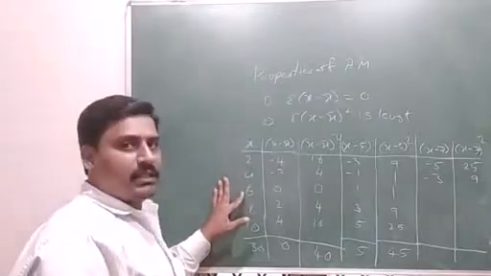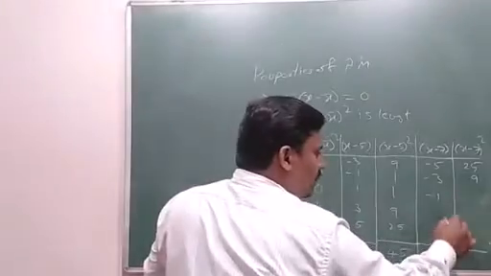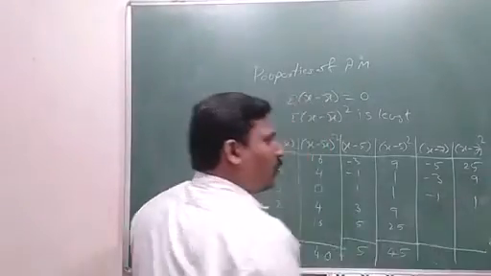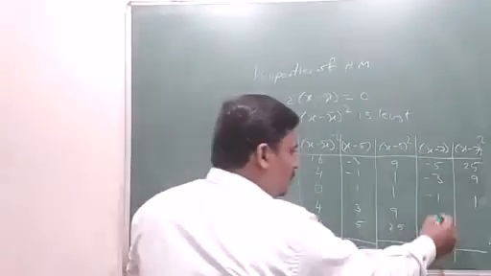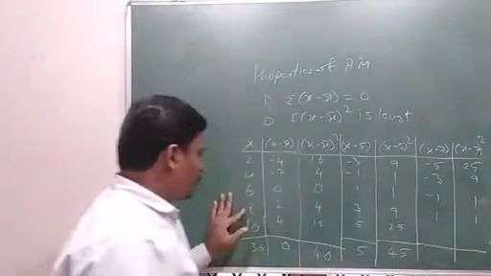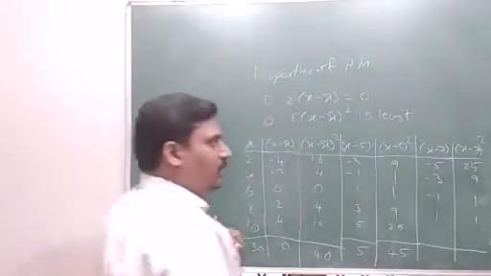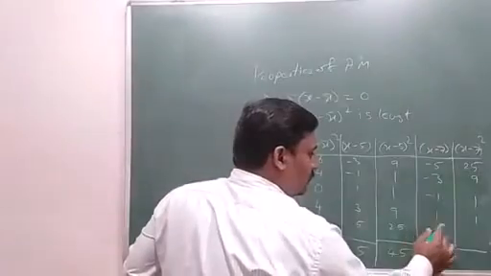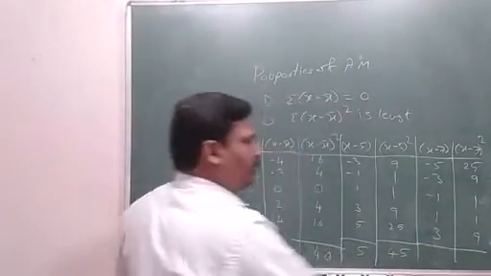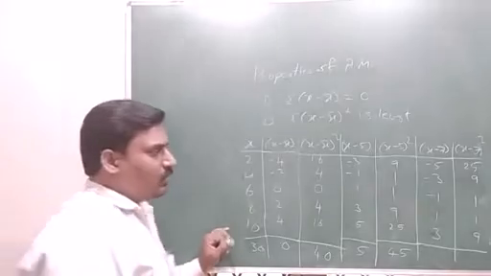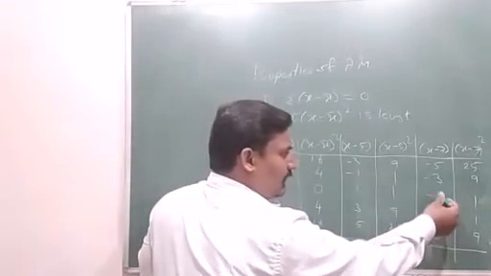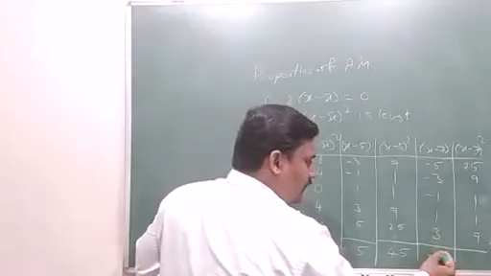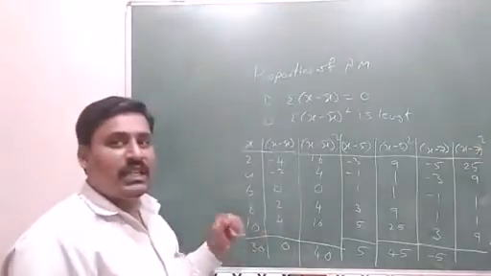Next 6 minus 7 is minus 1 and its square is 1. Then 8 minus 7 is plus 1 and its square is 1. And 10 minus 7 is 3, and 3 square is 9. Now the total of x minus 7: minus 5, minus 3, minus 1, plus 1 and plus 3 we get minus 5. So it's less than 0.